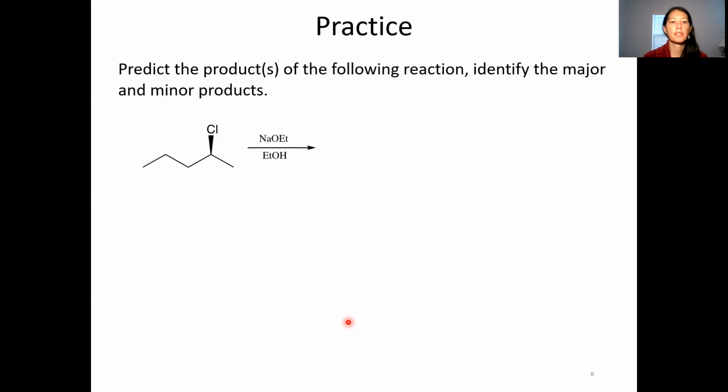Okay, let's practice. So you have this secondary alkyl chloride, and you have a small reagent, sodium methoxide, that I would categorize as a strong nucleophile and strong base. So pause and just write out what you think the product is.